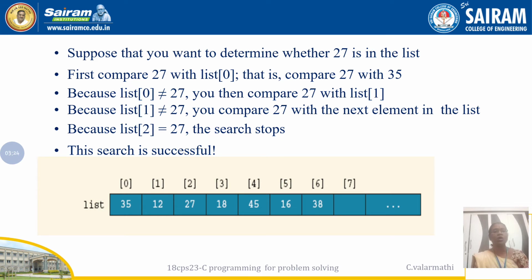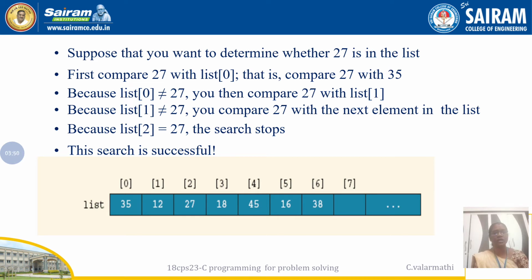So how can we do searching? Obviously our mentality will start from the first element, so you compare with the first element. My searching element is 27. My first element is 35, so it's not matching. I will go with the second element for the next comparison. My next element is 12 and my searching element is 27.